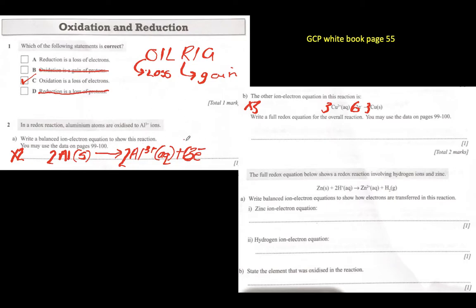We can then get rid of our electrons, and the whole equation written out looks like this. 2 aluminium plus 3 copper 2 plus ions gives 2 Al 3 plus plus 3 copper atoms.